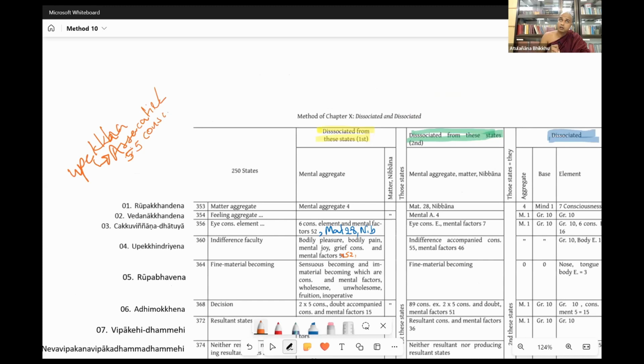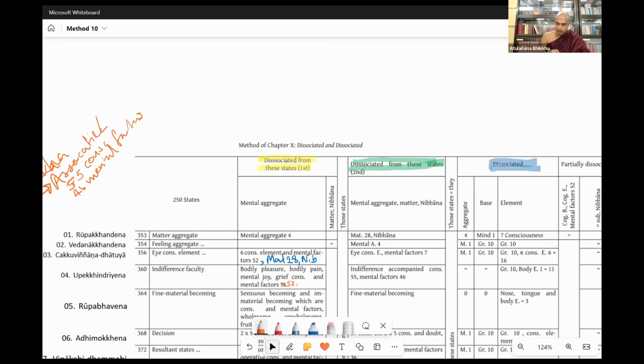The other 46 mental factors, excluding the upekha vedana here, right? But when you consider the disassociation, right?